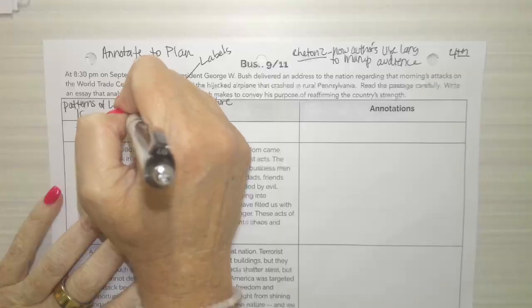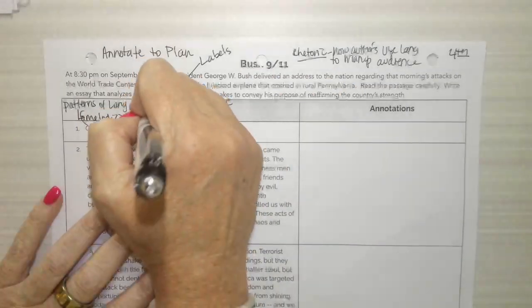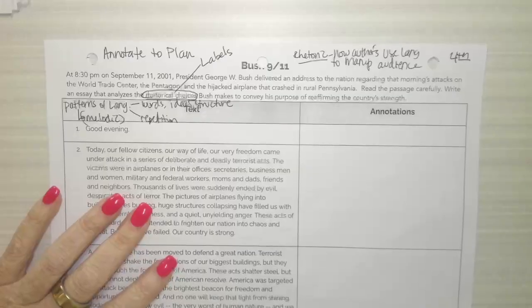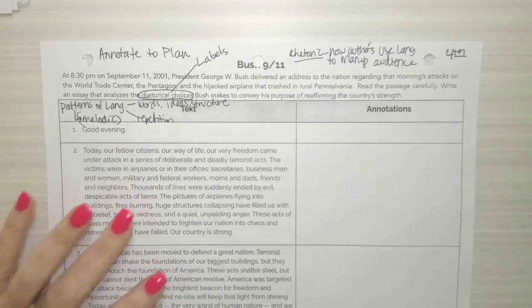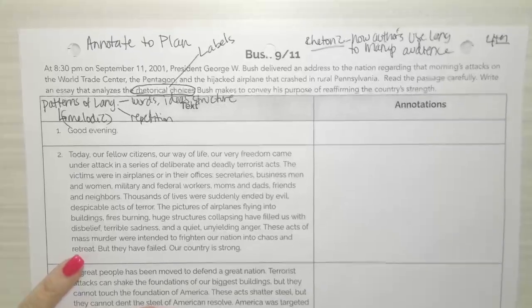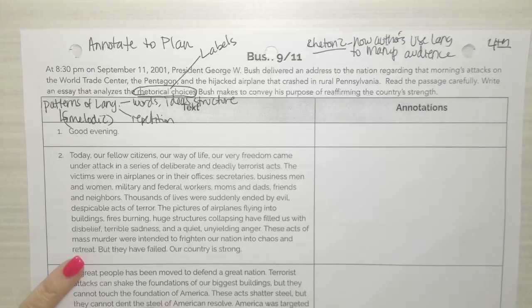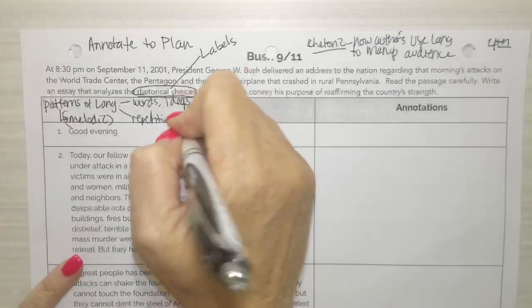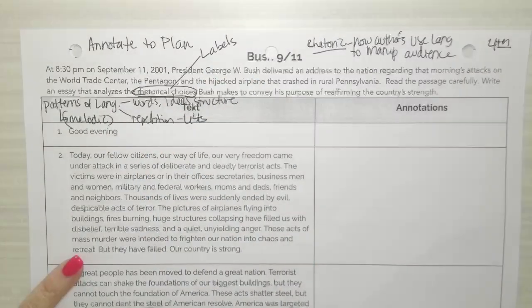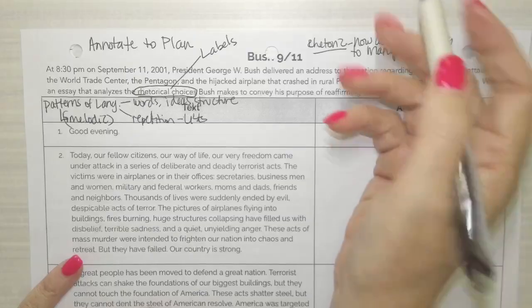Another thing that we look for when we look at patterns of language, obviously a big one, is going to be repetition. And there are all different forms of repetition that you will see, and we'll label the differences in those types of repetitions once we get there. You're also going to look for lists. That will become one of your best friends: any time that you can see a list, there's going to be a lot of analysis for it.